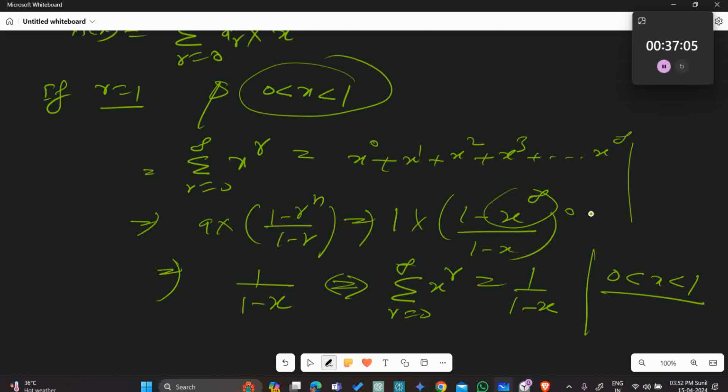This is the condition for this. Here a of r is 1, not r is 1. Yeah, a of r is 1, not r is 1. I was confused the whole time.